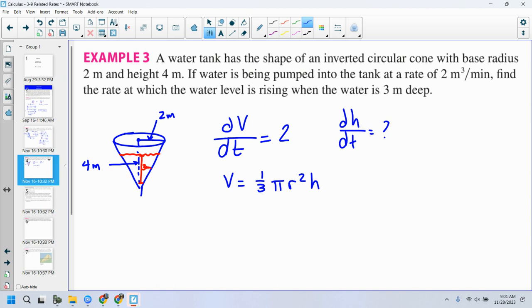As the water level hits 3 meters, the radius is slightly smaller because it's down a little bit, right? The radius is slightly smaller in there. So it is changing at my red line. So maybe I need to get this radius out of here. Maybe there's some way I can get that radius to be in terms of height. Take a look at this.